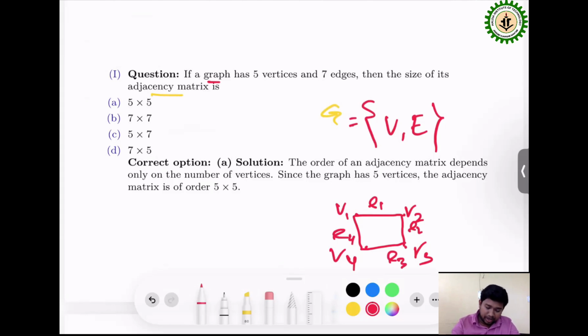In this question, the graph has 5 vertices and 7 edges.